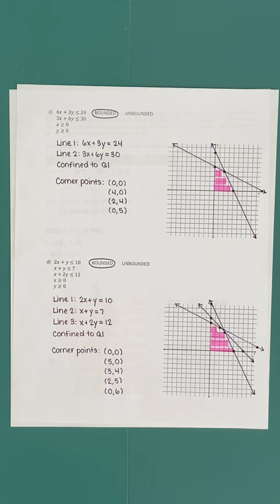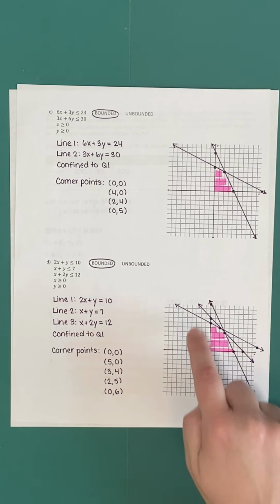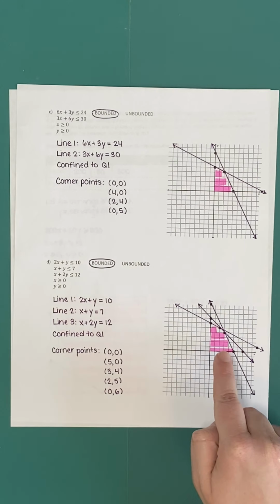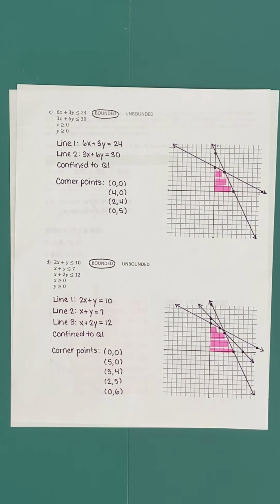So any ordered pair represented by that solution region is a solution to my system of inequalities, and it's bounded by that particular set of lines and that particular set of corner points. So this is an actual bounded solution region. It's enclosed fully. We could draw a circle around it, so we know that solution region is going to be bounded.